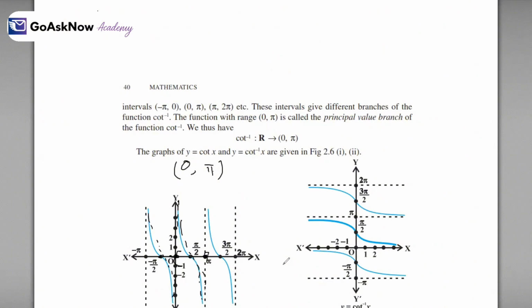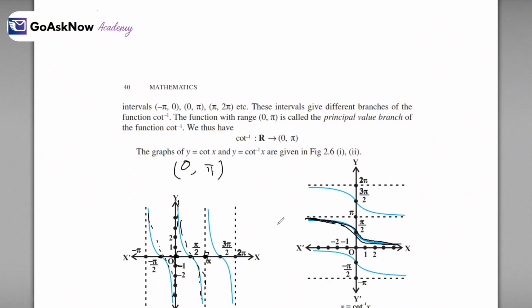Now we will take its reflection about y equal to x, and we will get the graph like this. You can draw it by yourself. Just as I drew the graph of tan inverse x, you can draw similarly for cot inverse x. So what is the domain of this cot inverse?